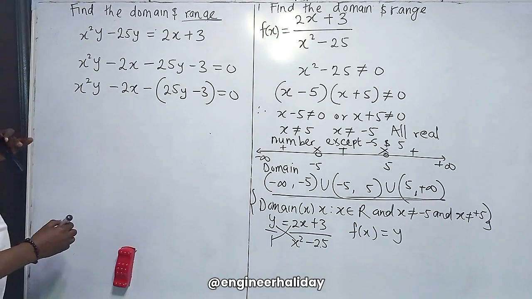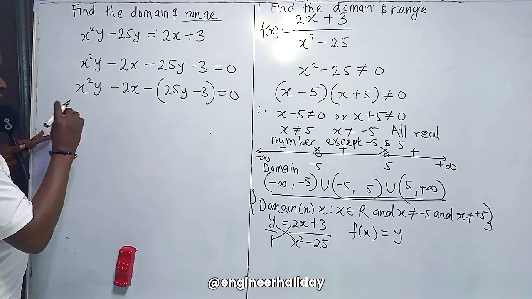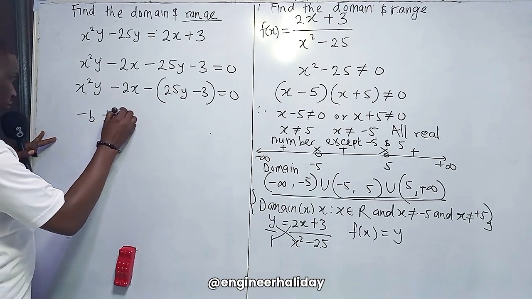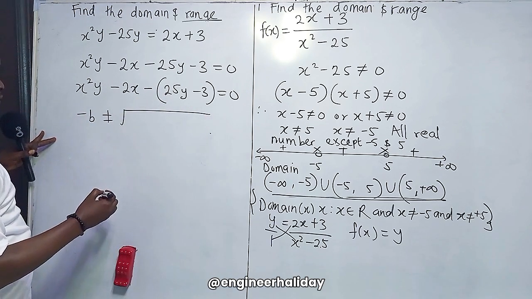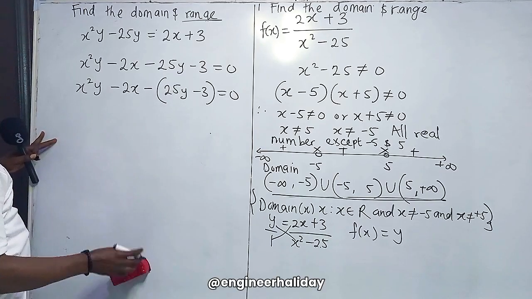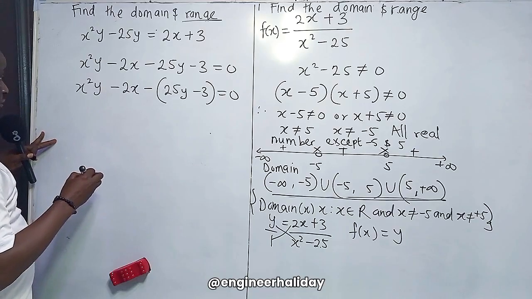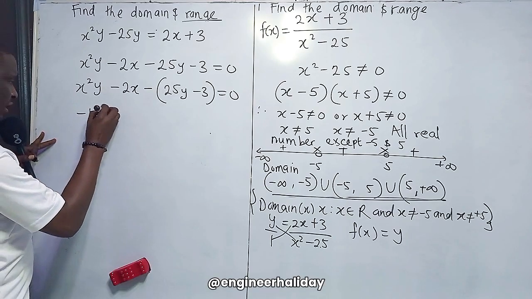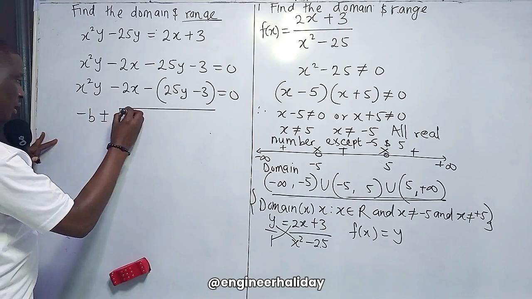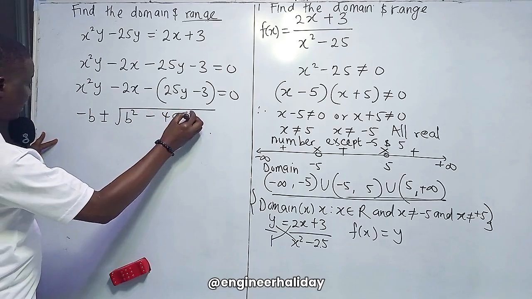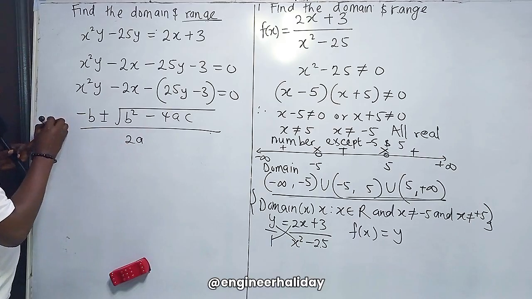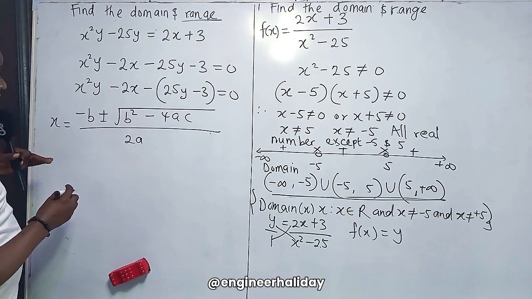Now, what we're going to do is consider this equation under minus b plus or minus square root of b squared minus 4ac over 2a. Or let's take the discriminant of this particular equation. But if you still want to do it this way, no problem. So this is our x, we are trying to make x a subject of formula.